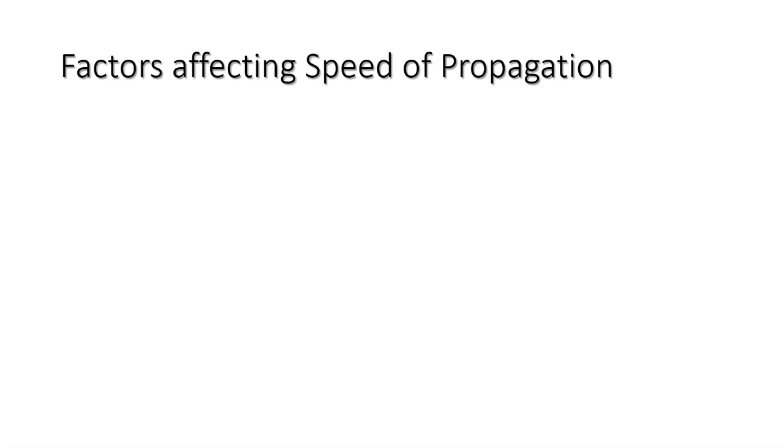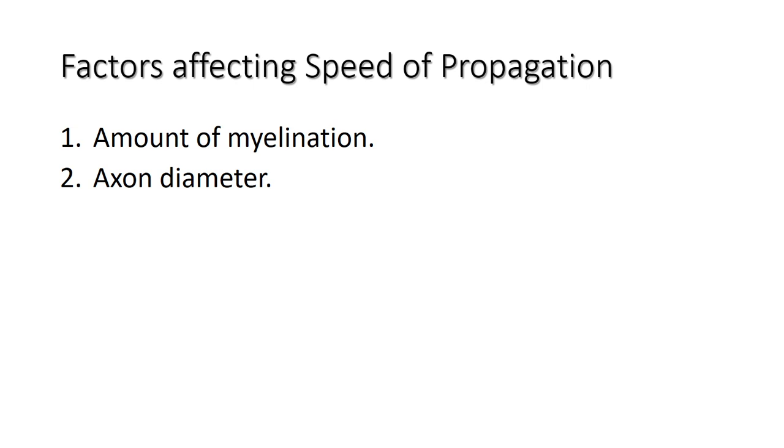The speed of propagation of an action potential is affected by three major factors: amount of myelination, axon diameter, and the temperature. As you have just learned, action potentials propagate more rapidly along myelinated axons than along unmyelinated axons.